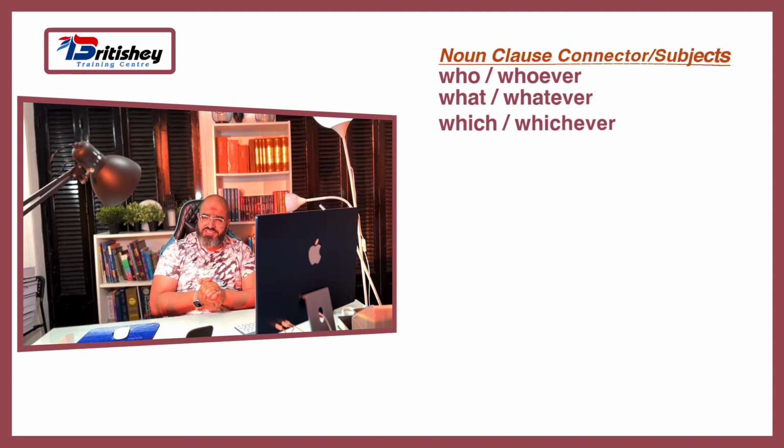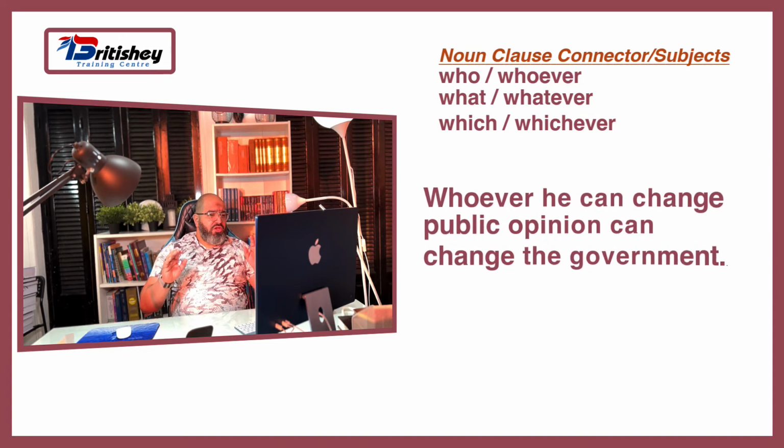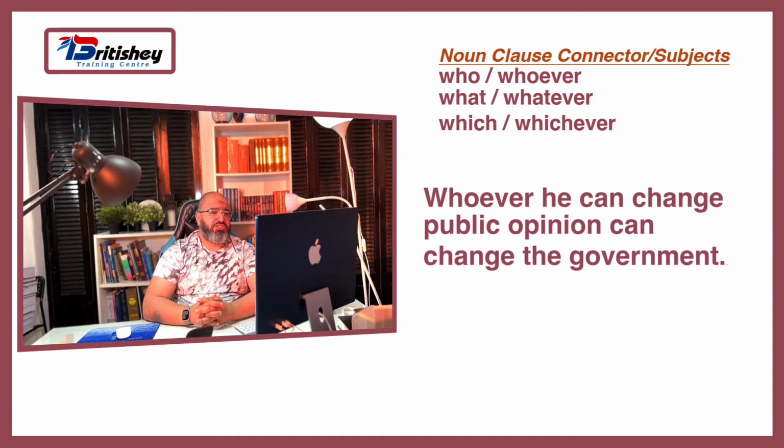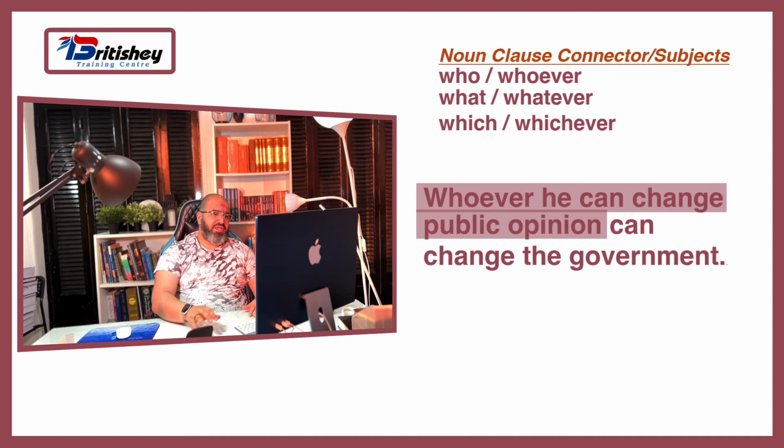Now let's check the coming sentences and see whether they're correct or incorrect in the light of noun clause, connector, subjects. Let's see. Whoever he can change public opinion can change the government. Now, let's analyze it. So obviously we've got a noun clause at the beginning, and the noun clause says whoever.